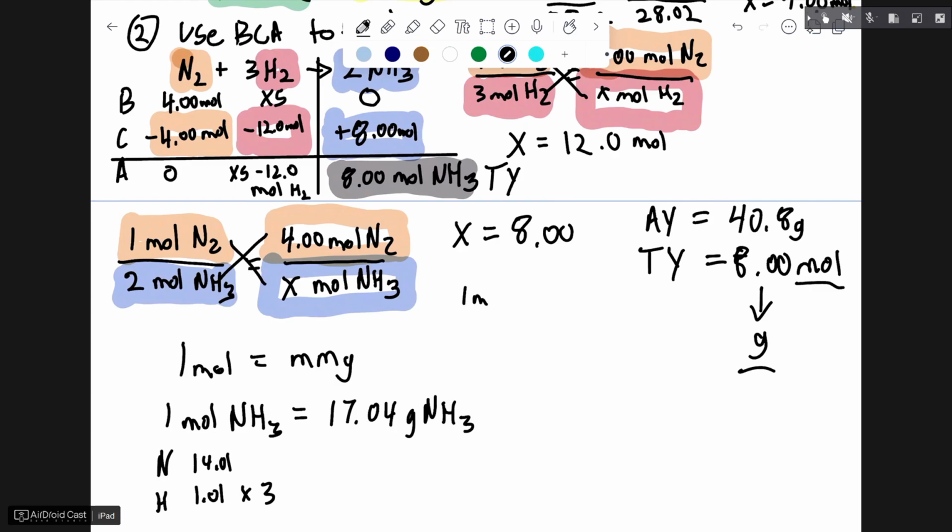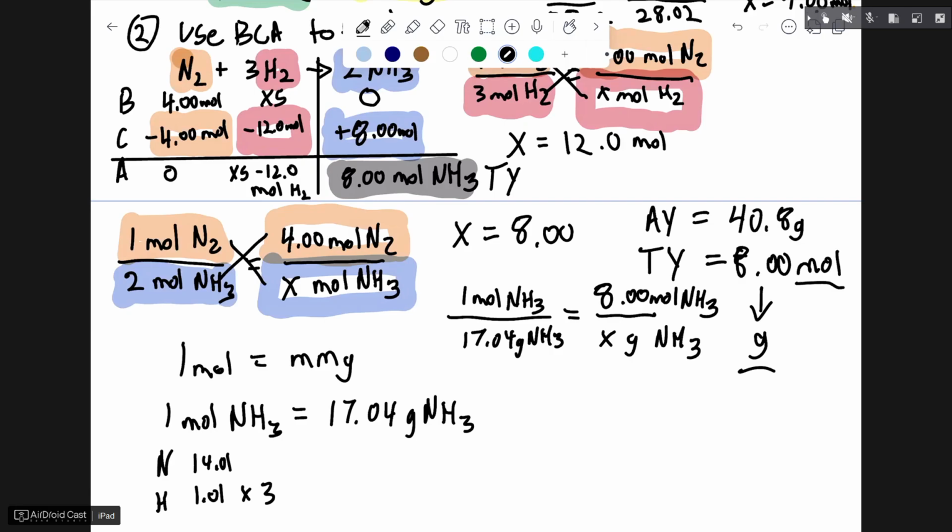So again, I could set up a ratio. If I have 1 mole of NH3, then I would have 17.04 grams of NH3. But I don't have 1 mole of NH3. We don't know how many we have. Oh, I'm so sorry. We do. We have 8.00. What we don't know is how many grams that is.